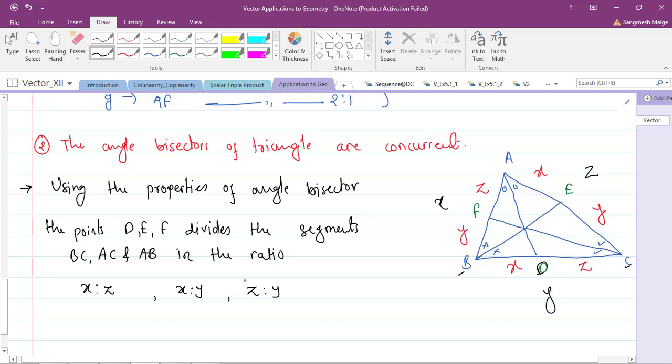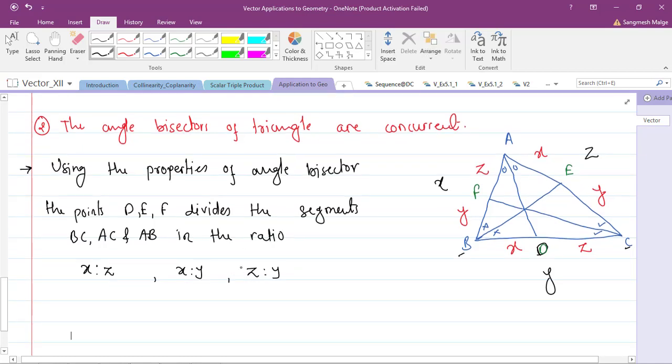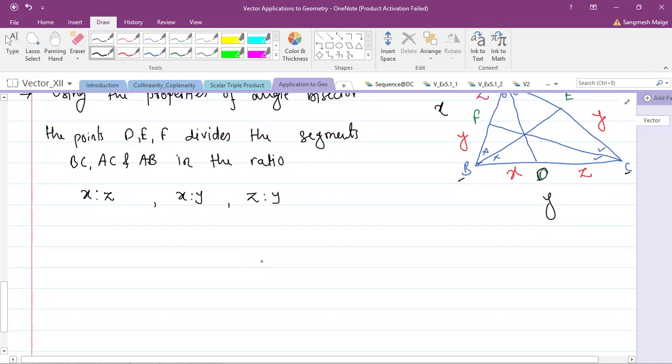Okay, so let's make use of this internal section formula and let's rewrite the position vectors of points D, E, F. So how will you write D bar? D is dividing the segment BC in the ratio of x, z. So I hope you remember the cross multiplication. So x goes with C. So this is x C bar plus z B bar.